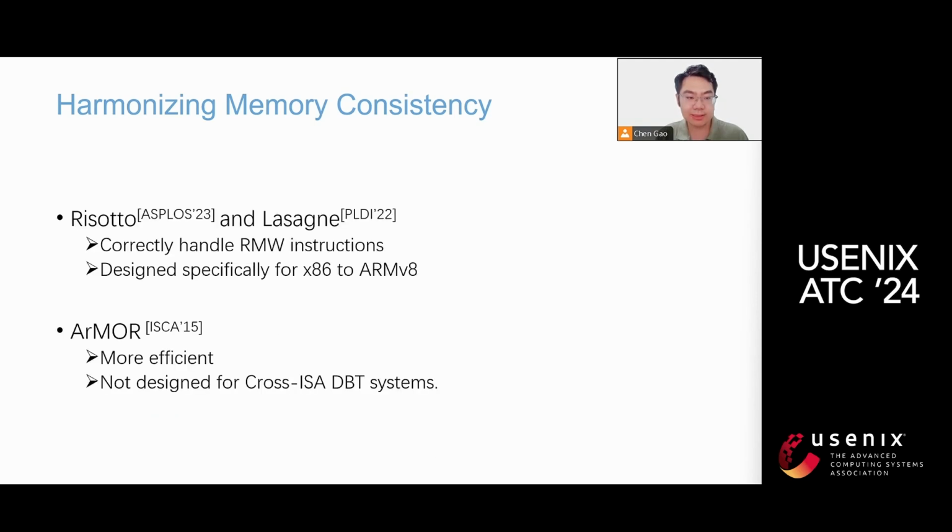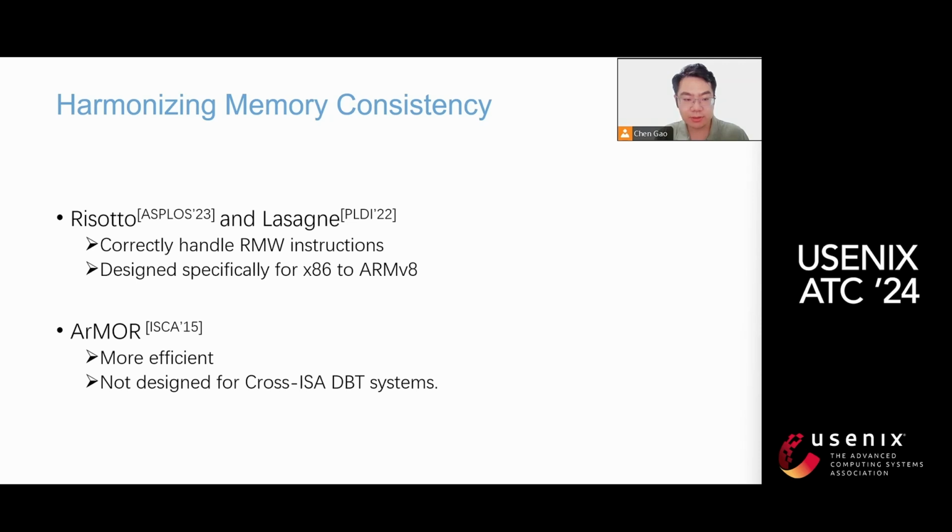Risotto and Lasagne are two representative works on x86 to ARM mapping. They can handle RMW instructions correctly and are more effective compared to the QEMU scheme. However, they are designed specifically for translating from x86 to ARM and are difficult to port to other ISAs.